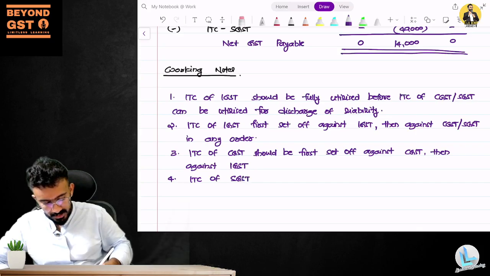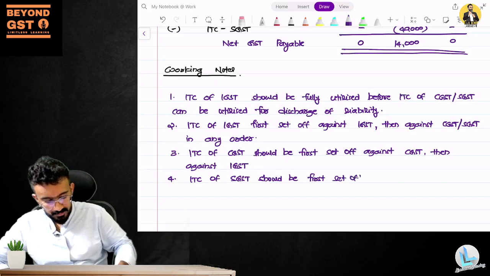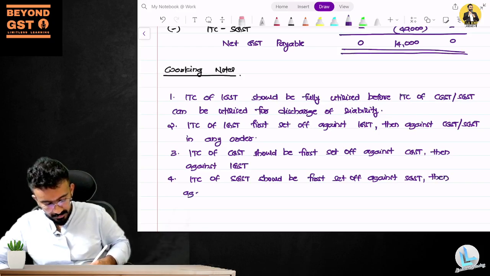ITC of SGST should be first set off against SGST, then against IGST.